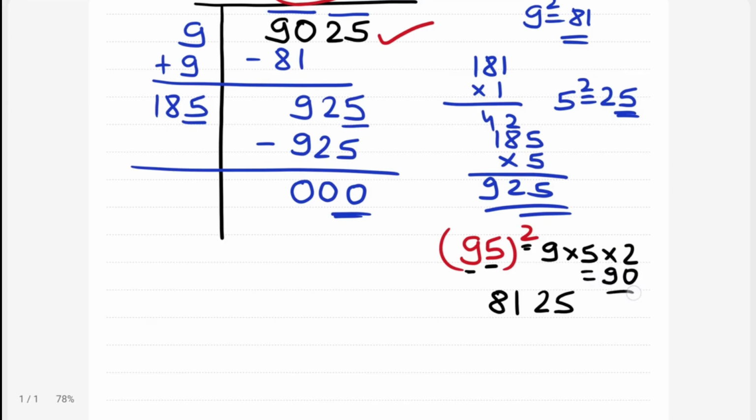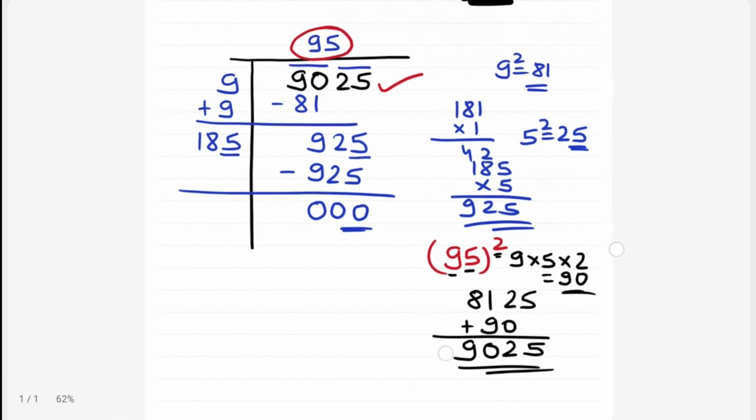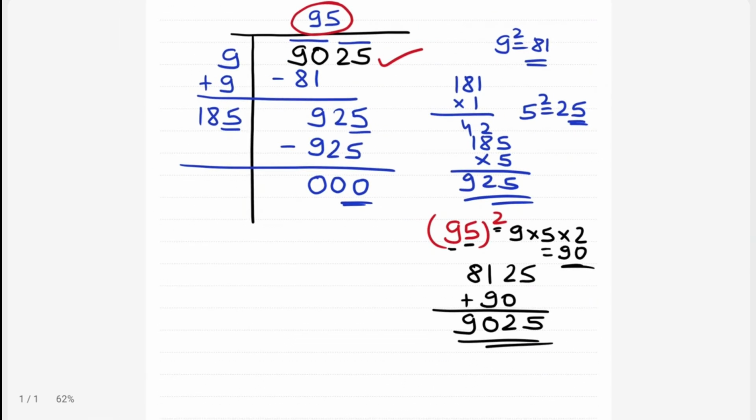Now we have to add 90 to 8125, leaving one digit from the right side, like from here. And we will add it. So after addition, we got 9025 exactly, of which we found the square root a few minutes earlier.